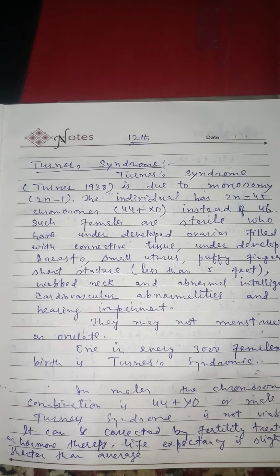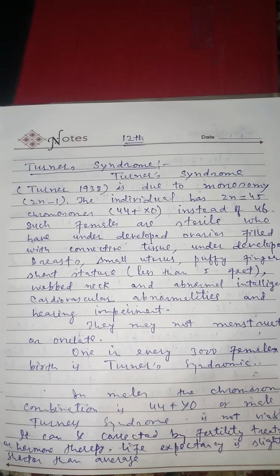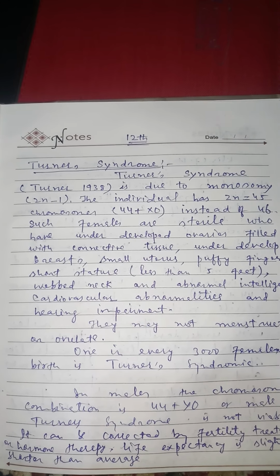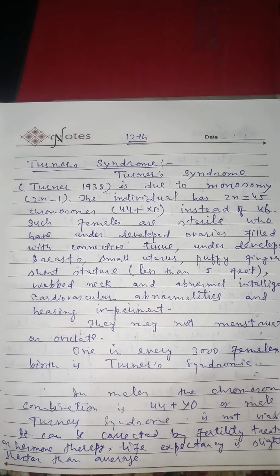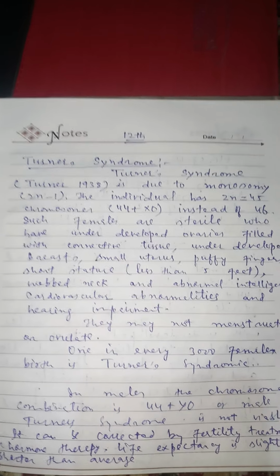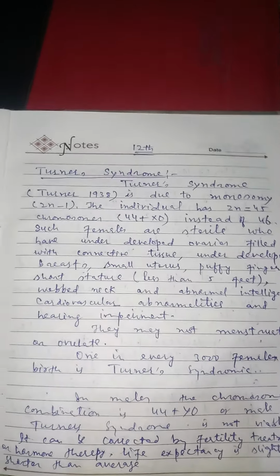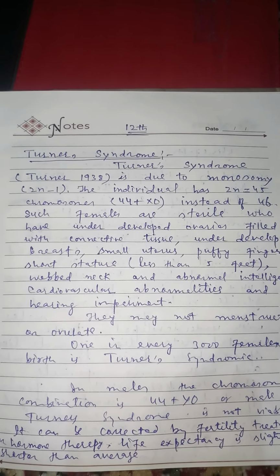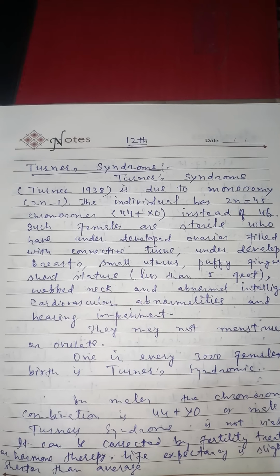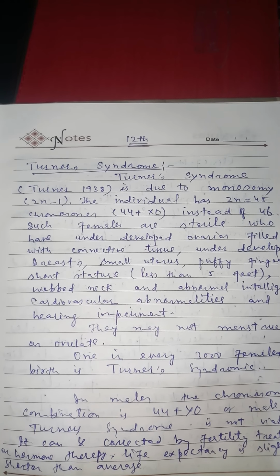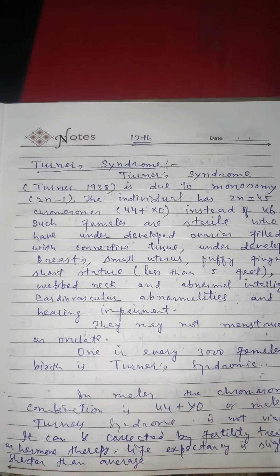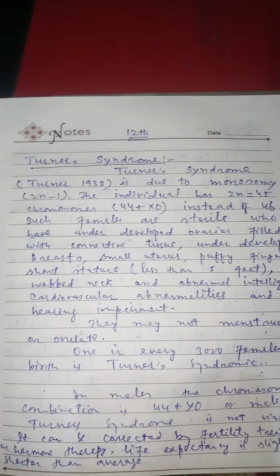Again, I may repeat, they have one less chromosome. The diploid number is 46, but the females with Turner syndrome have 44 plus X0. That means instead of two sexual chromosomes, they have only one X chromosome, and so the chromosome number in such females is only 45, not 46.